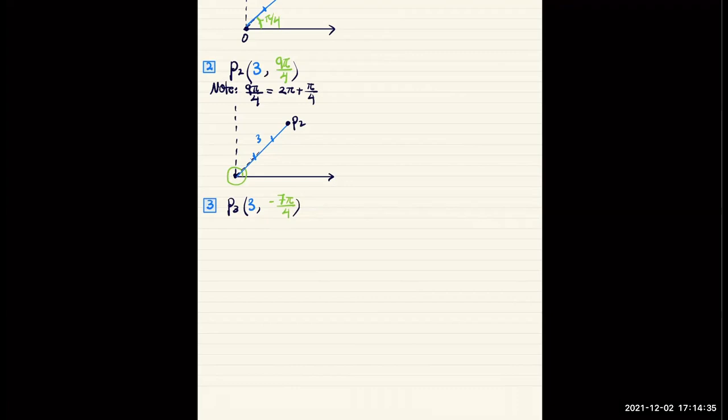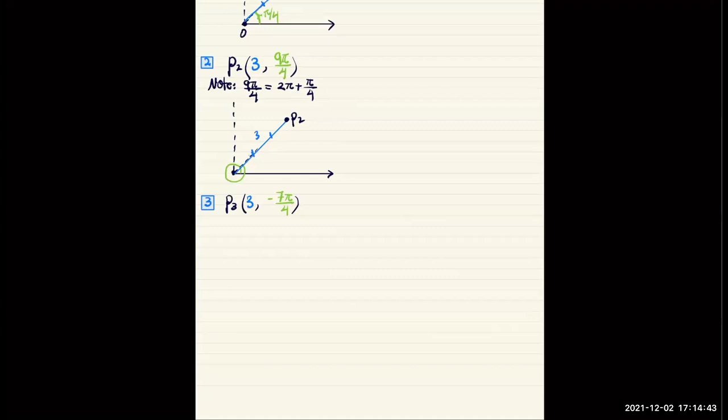Do you guys know where negative 7 pi over 4 is? Same place as pi over 4. Yes, exactly. So again, draw the polar axis. 7 pi over 4 in the clockwise direction.